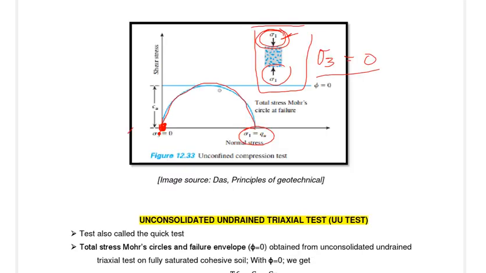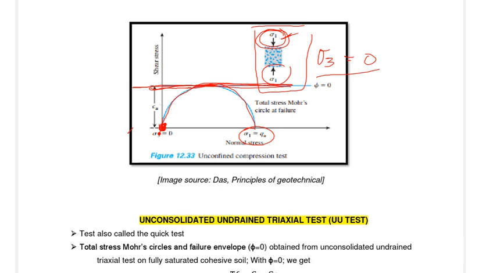And so, the effective stresses in the soil, our peak stress, so our peak at failure. So, that will be our peak at failure. So, that is our value. So, the peak shear stress at failure is a measure of the undrained shear strength.